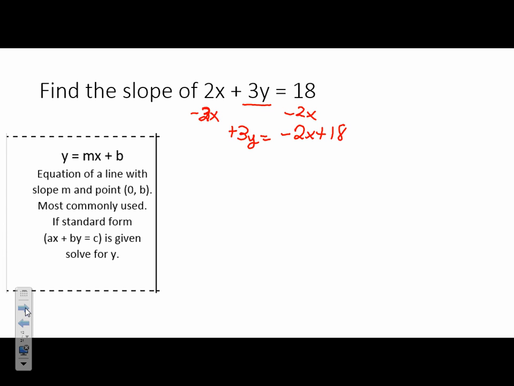Divide by 3. That means every term gets divided by 3, not just the first. So y becomes negative 2/3 x, and our constant is 6. So this means that we have a line with a slope of negative 2/3 and a y-intercept of 6.